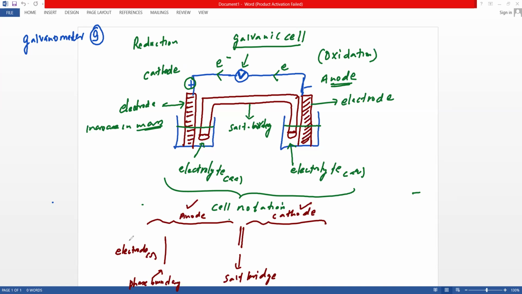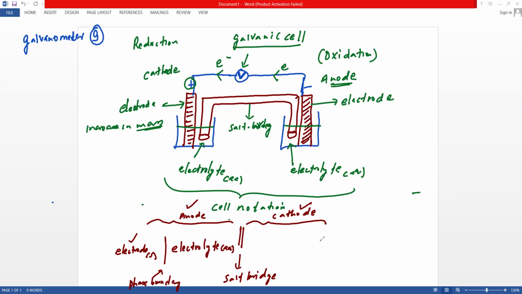Then we start with an electrode, followed by an electrolyte, which is an aqueous solution.